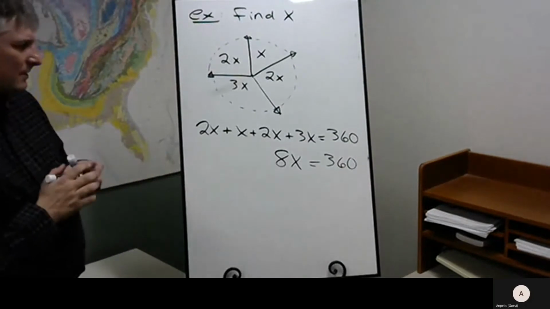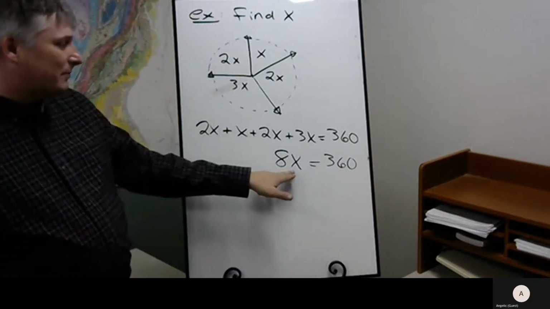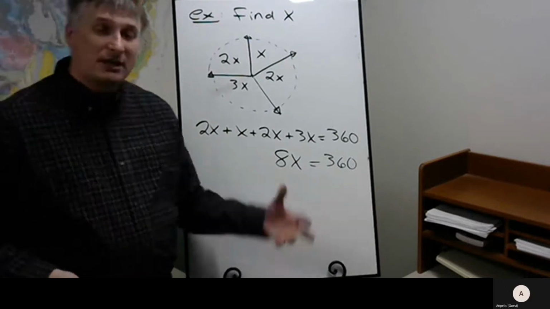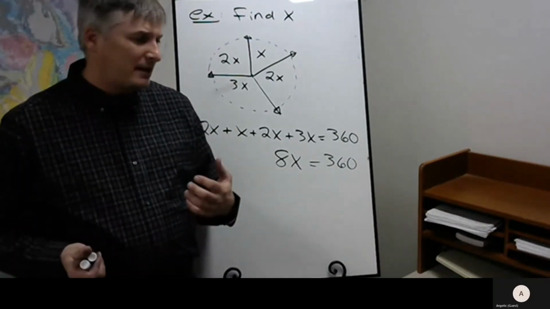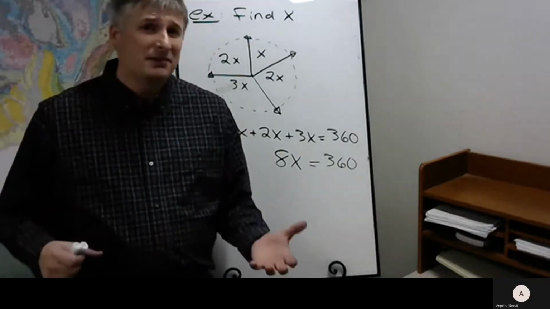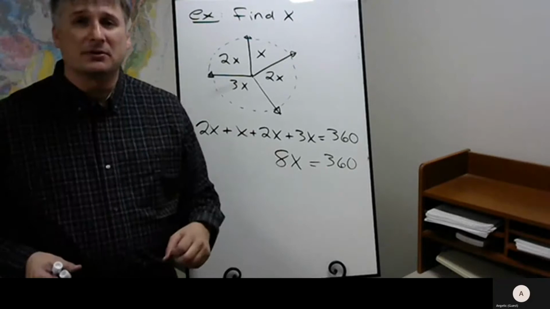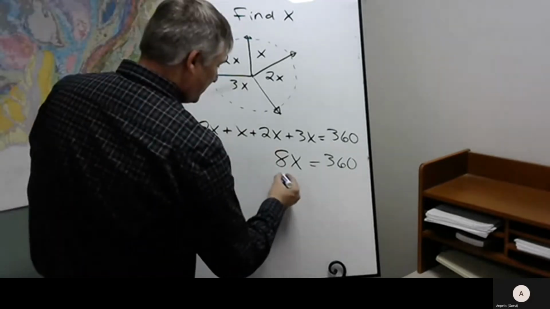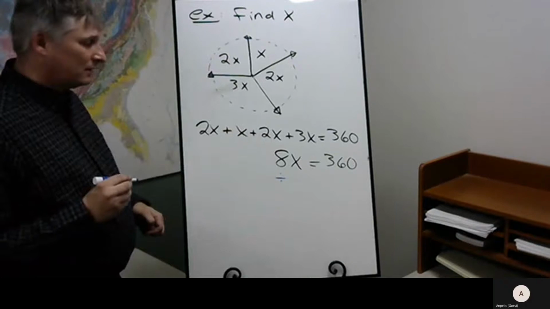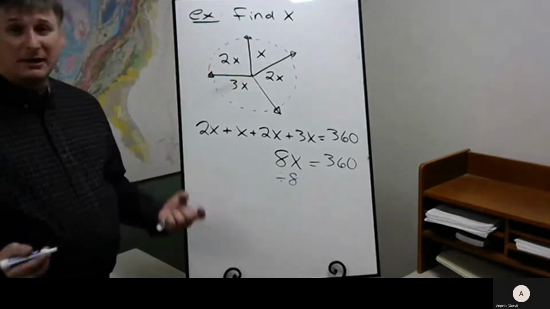Now, there's another way we can do this. We can try to guess a number, some number times 8 is going to equal 360. There's an easier way of doing it. The trick that I'm using, we're going to study this in algebra. If I'm multiplying, I want to do the opposite. I want to divide. So if we're multiplying x by 8, I want to divide by 8. It reverses what we've done.